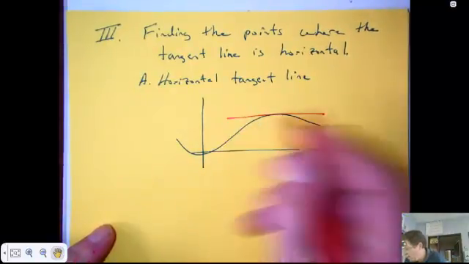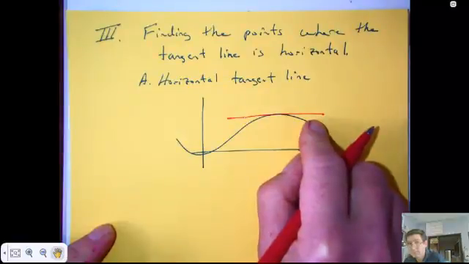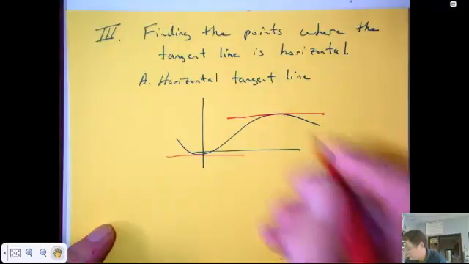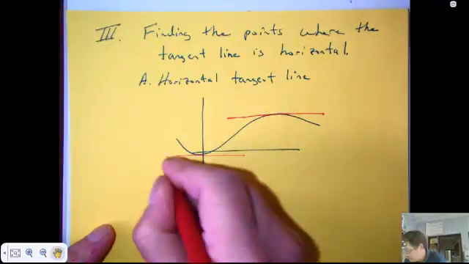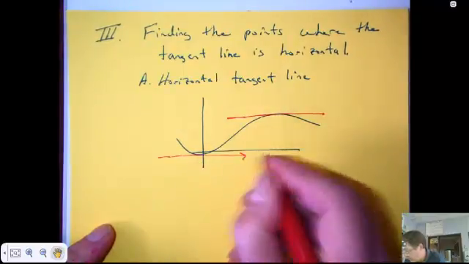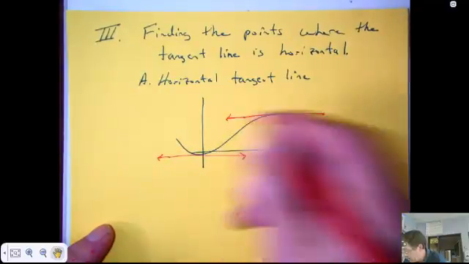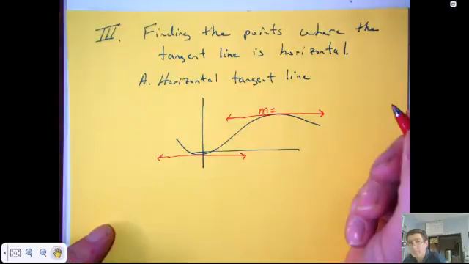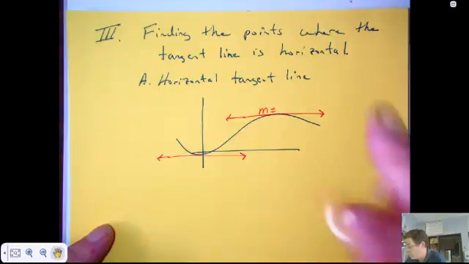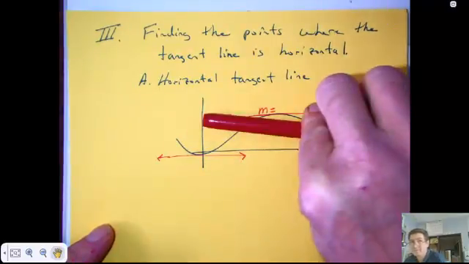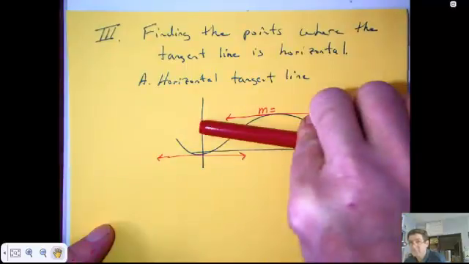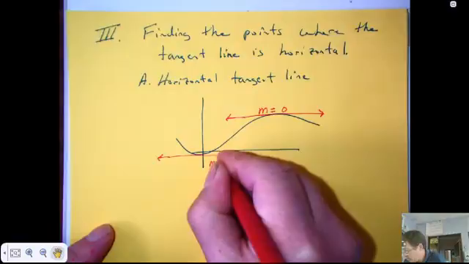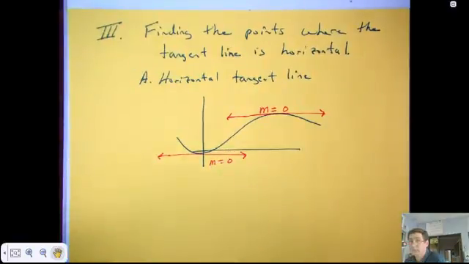So what do we know about this line? We know something very important about horizontal lines on a graph, and that is, what is their slope? If it's a horizontal line, what's the slope of a horizontal line? It's 0, right. So anytime you have a horizontal line, its slope must be 0.